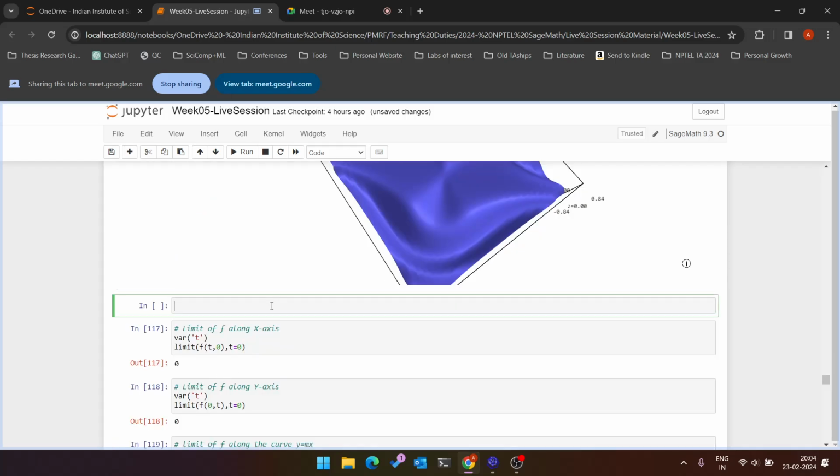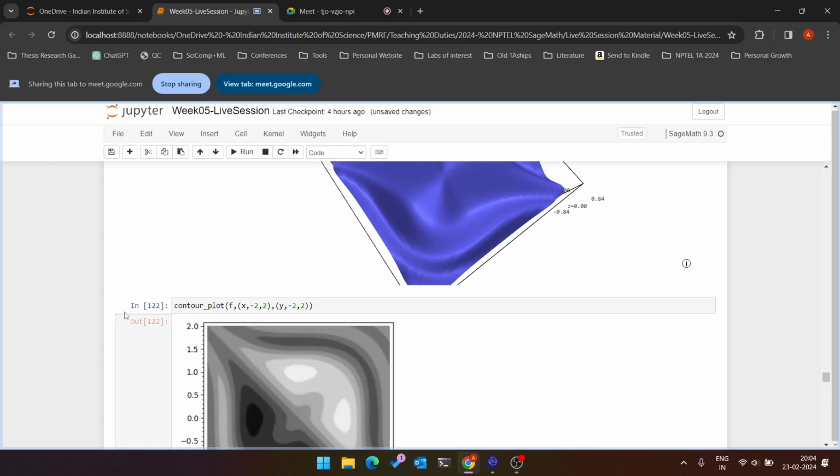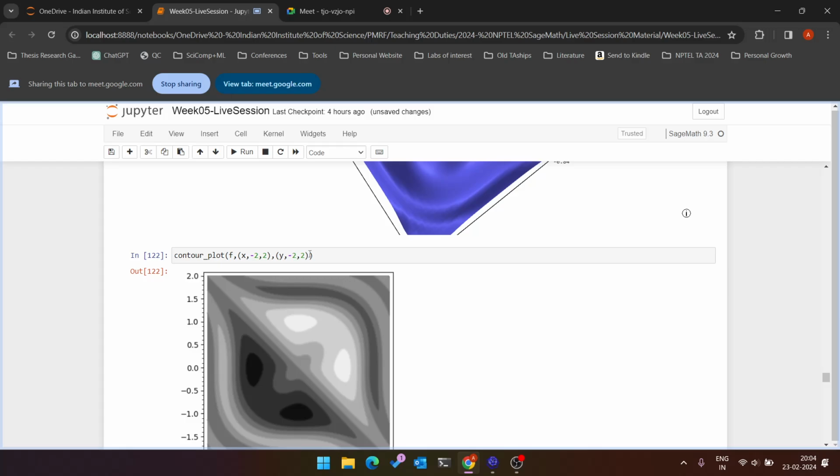I do contour plot of f, x going from -2 to 2 and y going from -2 to 2, legend equals false, labels equals true.